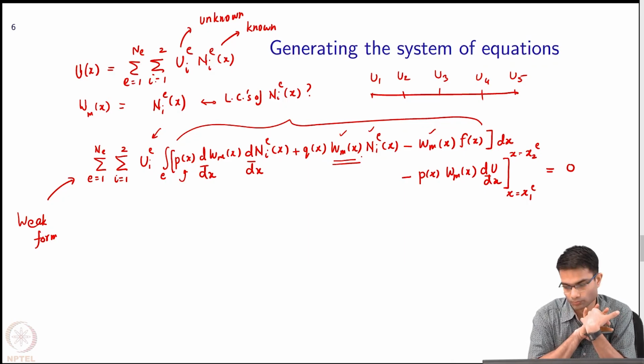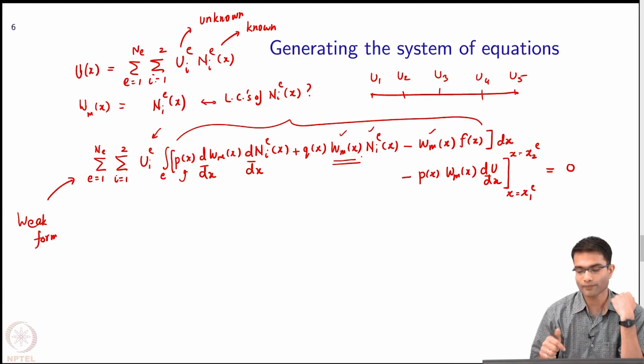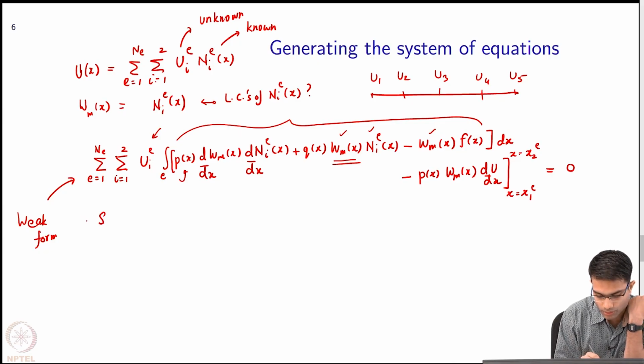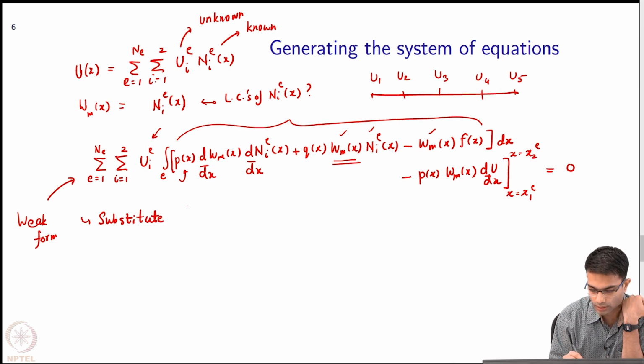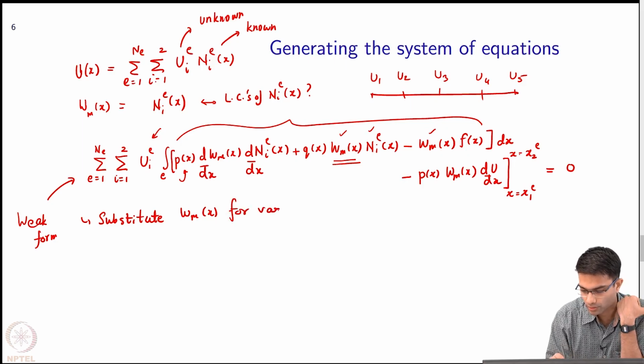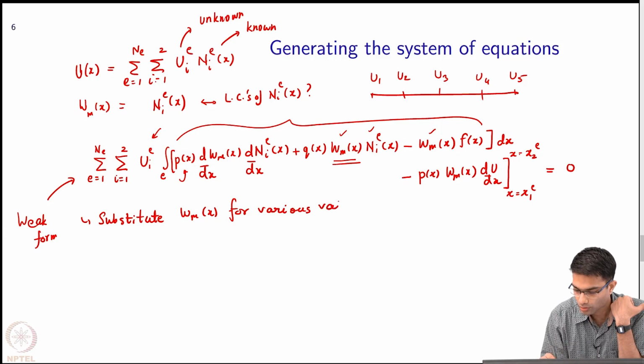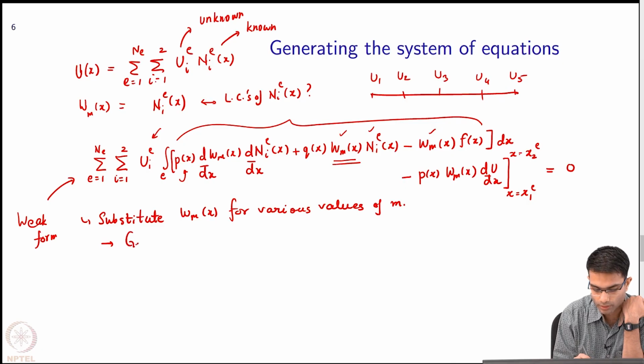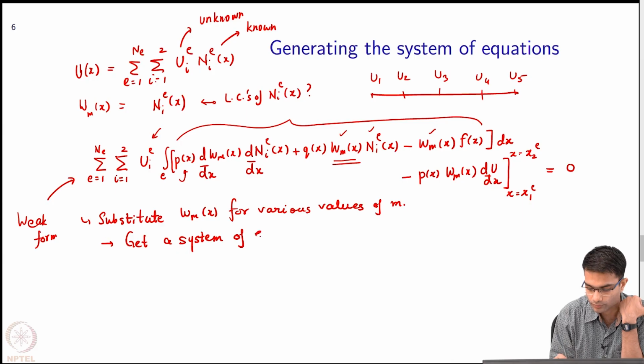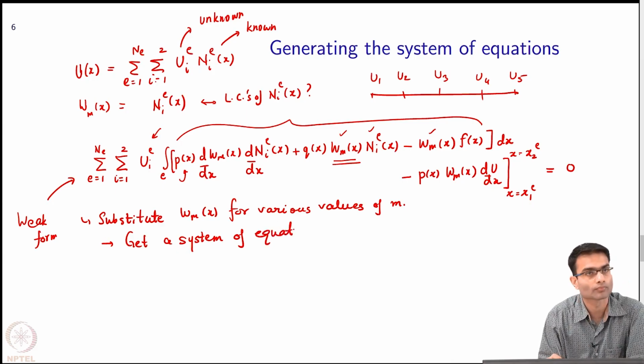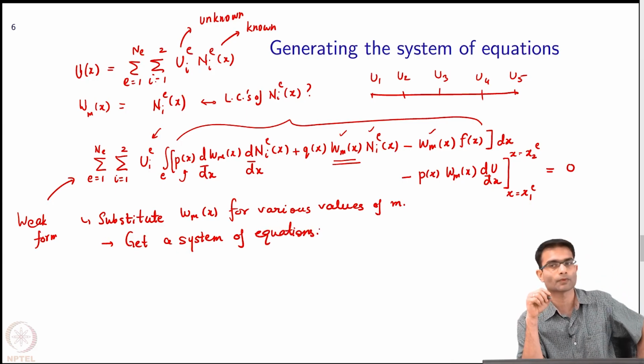Now, so what we do is, substitute WMX for various values of M, okay, get a system of equations.